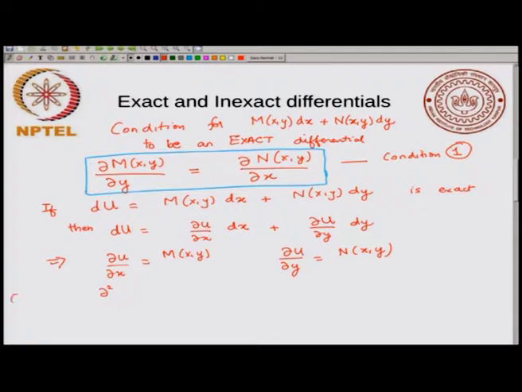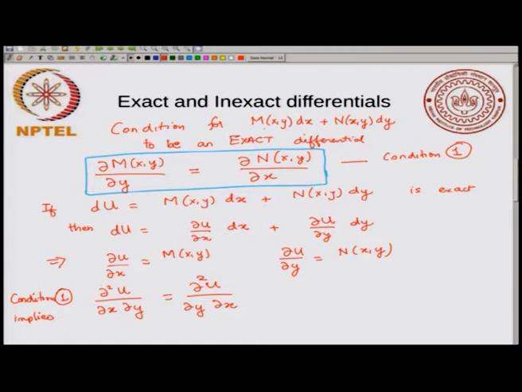So, condition 1 implies ∂²u/∂x∂y is equal to ∂²u/∂y∂x. And if u is a smooth function of x and y, then this is satisfied. So, therefore, you can see the connection why we insisted that this should be the condition for an exact differential.